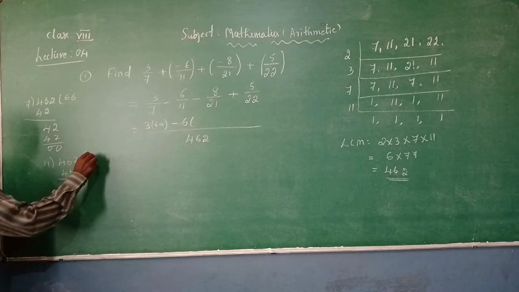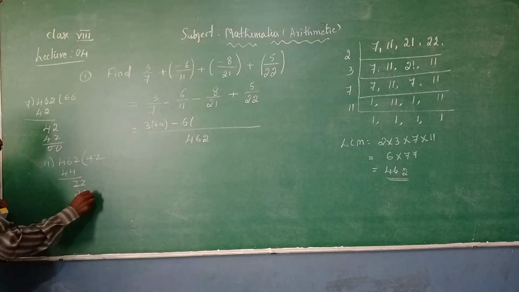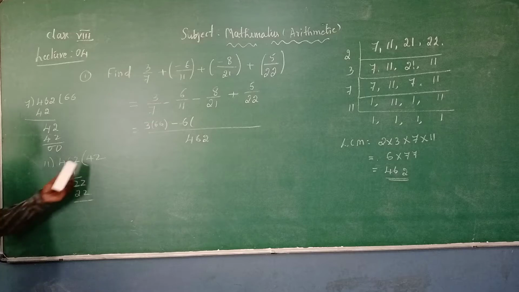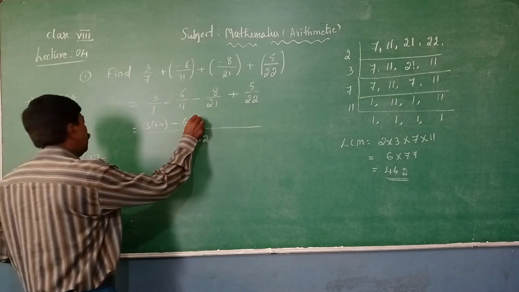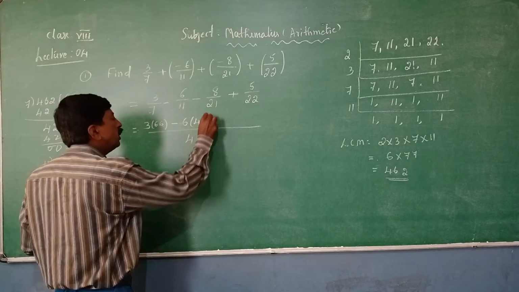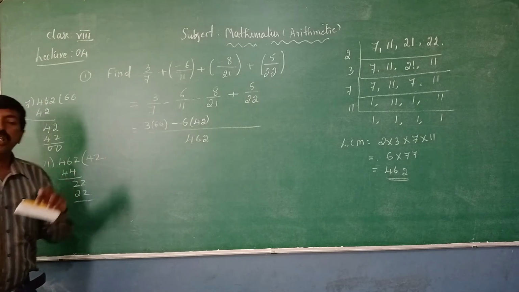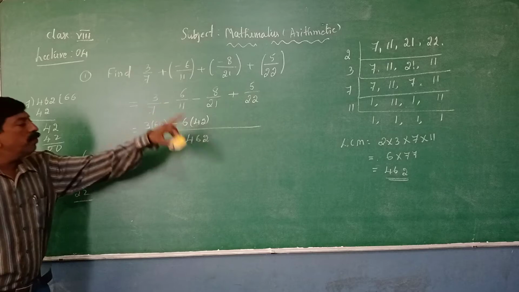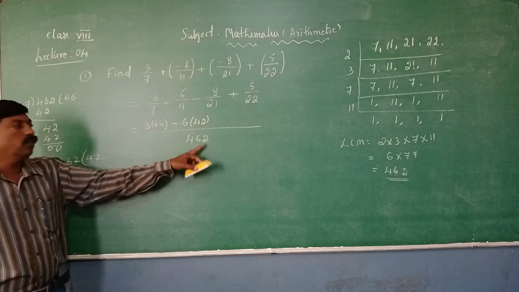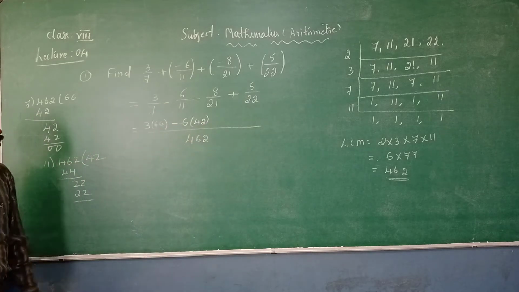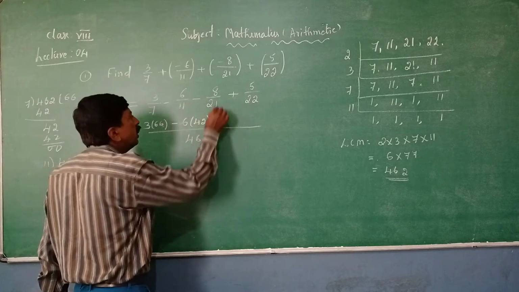Take 2, 11 twos are 22, so 22 minus 22 is 0. Therefore, 42 you can write here. 7 into 42 is 462, so 11 divides 462 42 times.